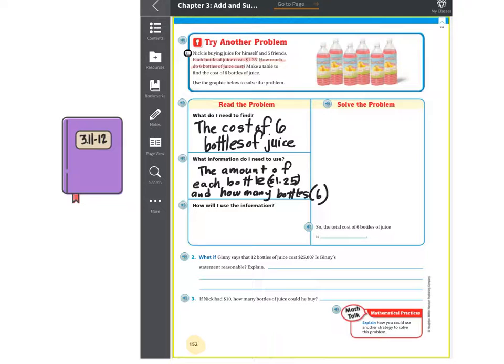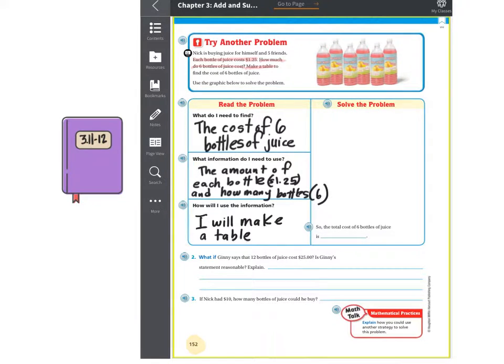How am I going to use the information? It asks us to make a table. I'm sure you're thinking right now, there's probably another way besides making a table that you could do this, and that's fine. But today we're going to use a table to show it, because that's what it's asking for. So I will make a table.